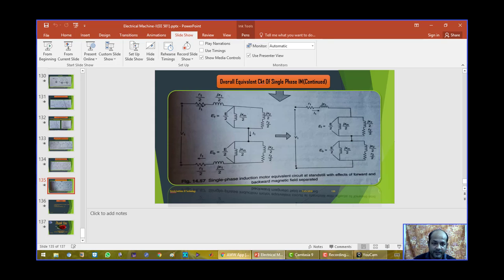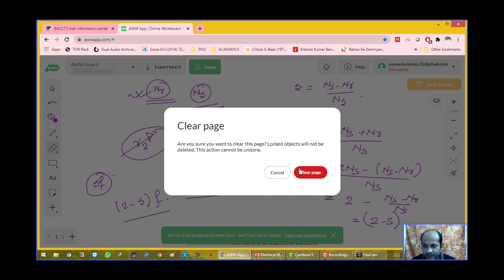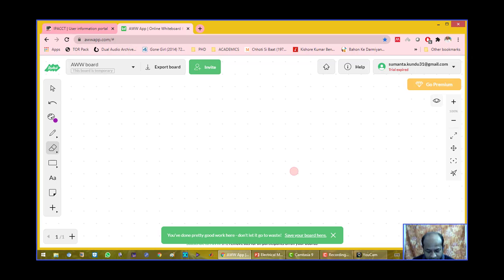So in running condition, if we draw the equivalent circuit, R1 will be there, X1 will be there, and then there will be JXM by 2 here.